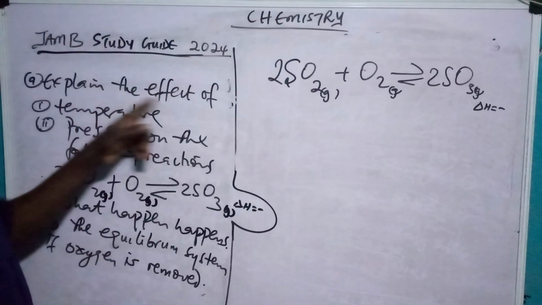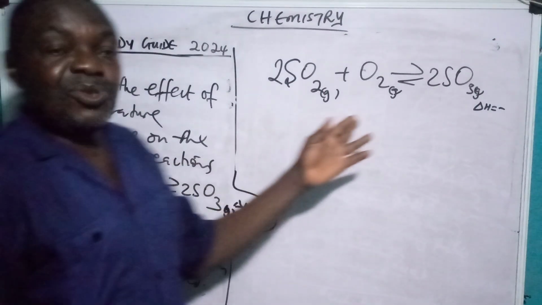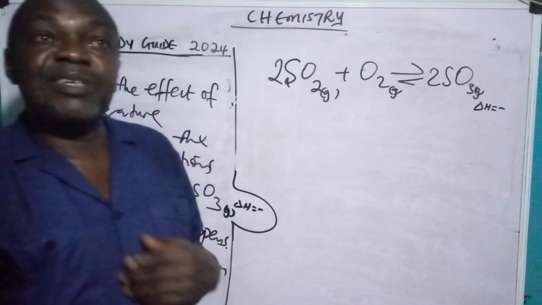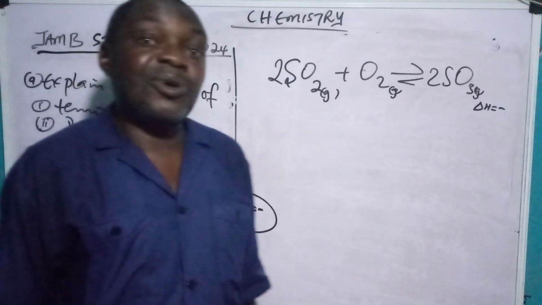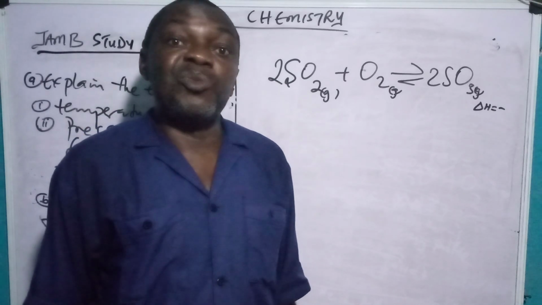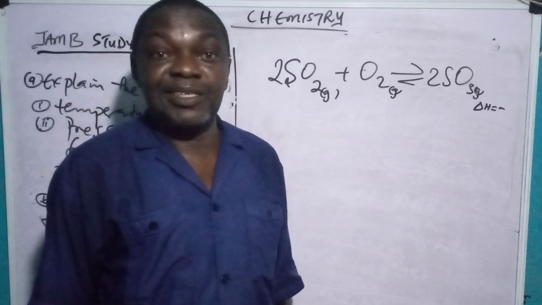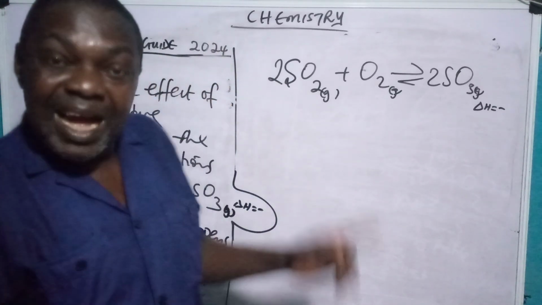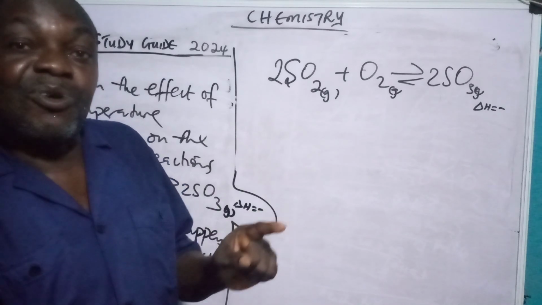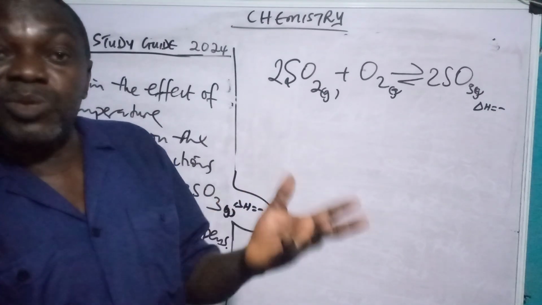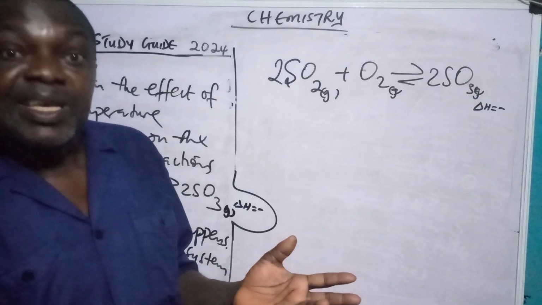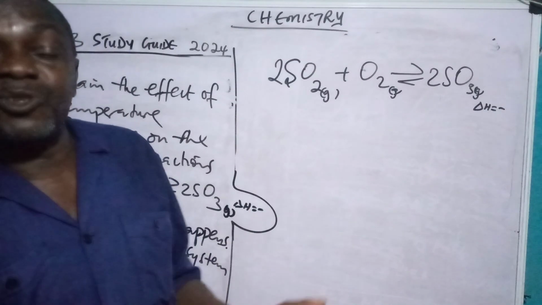Now, explain the effect of temperature. You should not take your time. Remember, temperature affects a system in its own way. Increase in temperature causes the reactants to accumulate energy and so increase their kinetic energy, making them move faster. When you acquire kinetic energy, motion becomes present and collision increases, making the reaction faster.